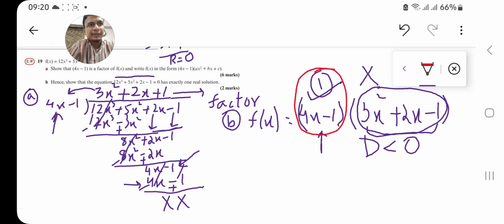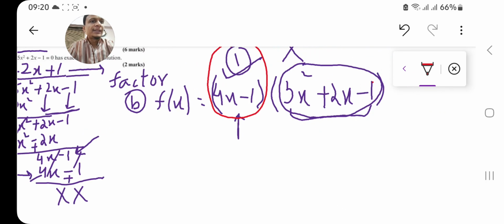Hope you are getting my point. The discriminant is b square minus 4ac. If it is negative, the negative discriminant does not provide any real solution. So the real solution is only the first linear bracket, 4x minus 1 equal to 0.